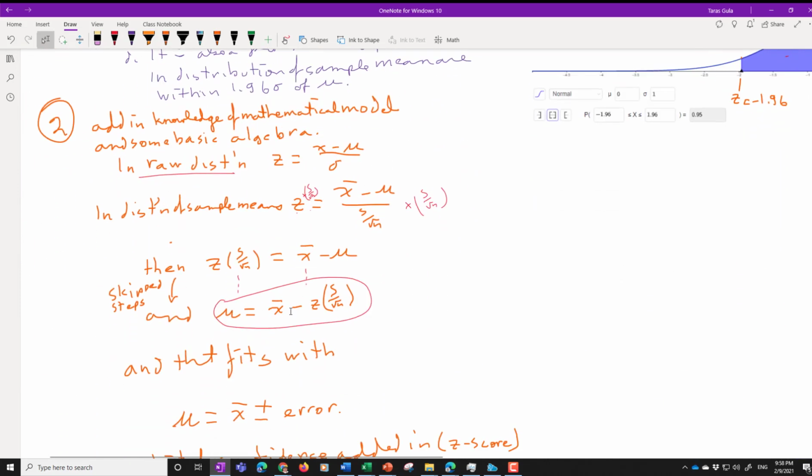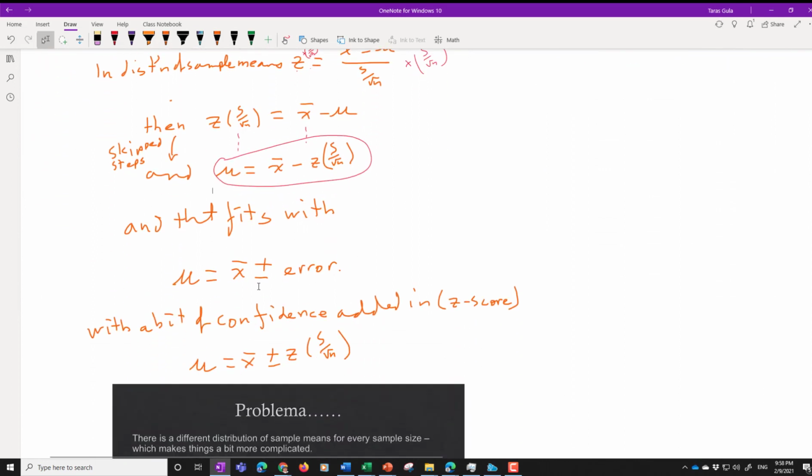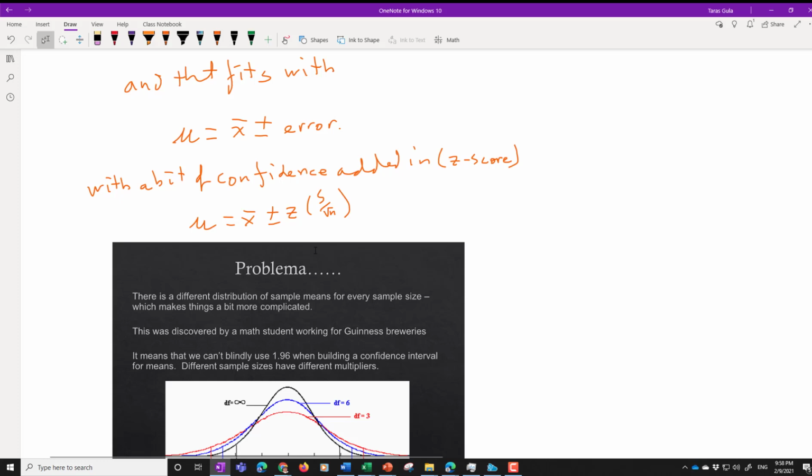Mu equals x bar minus z times that error bit. So now we have a way of calculating the error, which has to do with the normal distribution and a sample mean from the distribution of sample means. So this fits nicely mathematically, and it doesn't require really crazy sophisticated mathematics.